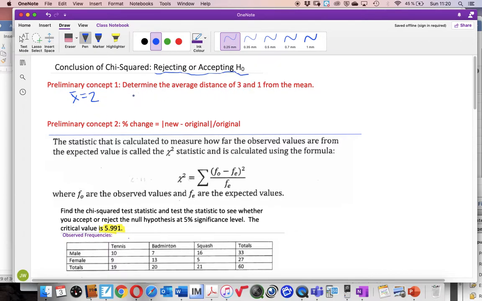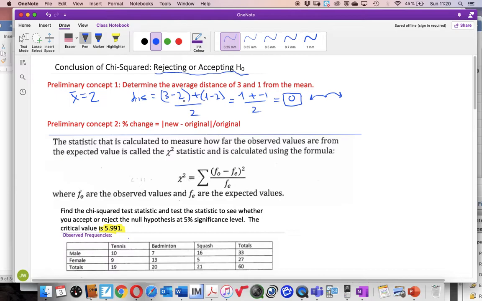However, if you try to calculate this, if you do 3 minus the mean and 1 minus the mean, what you would end up with is 0. And the distance here is not 0. Yes, if you account for the direction, it would be 0, but they're both 1 unit away.